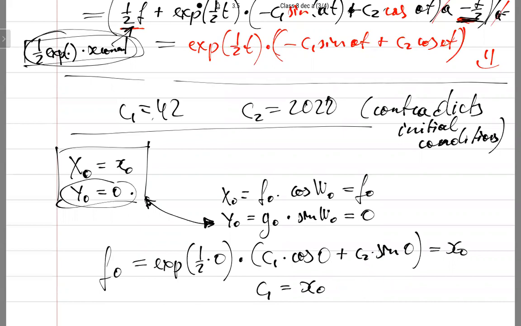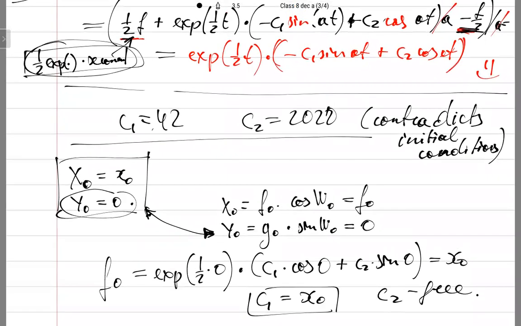Yeah, c1 is just x0, and c2 is free. So it's just any number, right? Yeah. C2 is free. Excuse me. So is x0 equal x0 or f0?